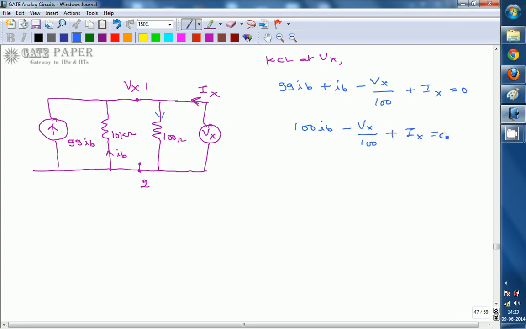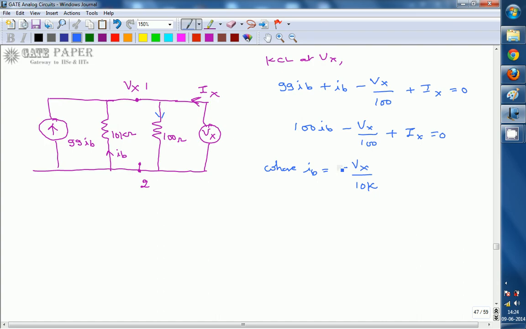We know the impedance between nodes 1 and 2 is Vx by Ix. There is one more parameter, Ib, which we must write in terms of Ix or Vx. Ib is the current flowing through the 10 kilo ohm resistance, so it can be written as minus Vx by 10k.